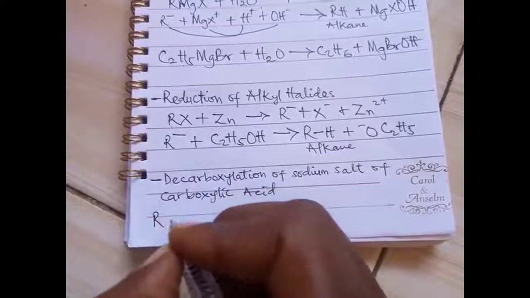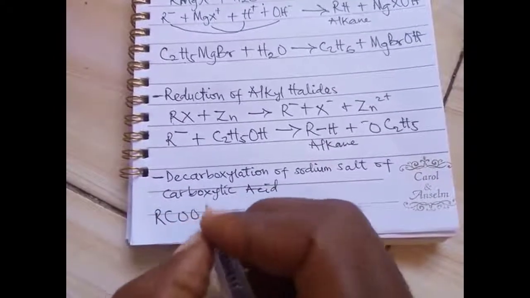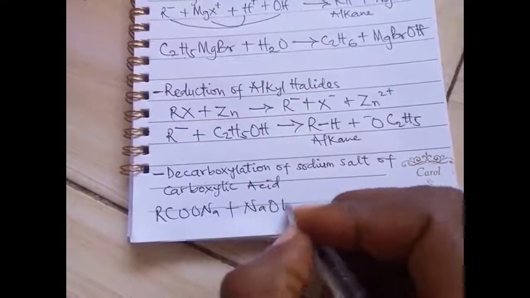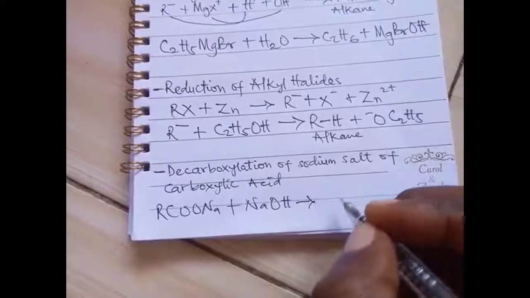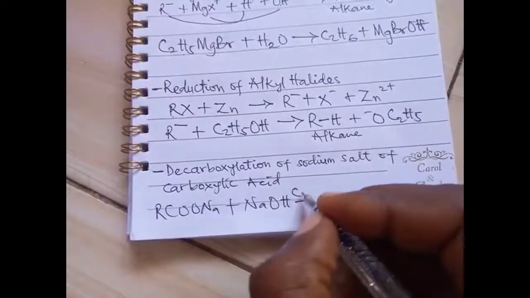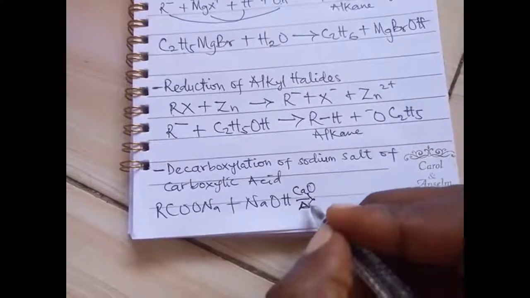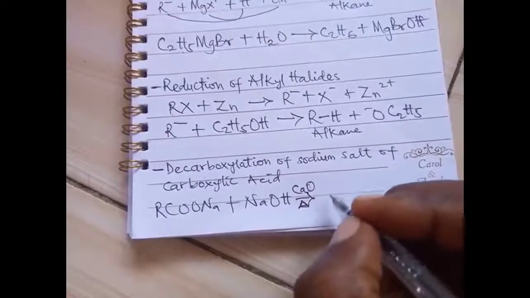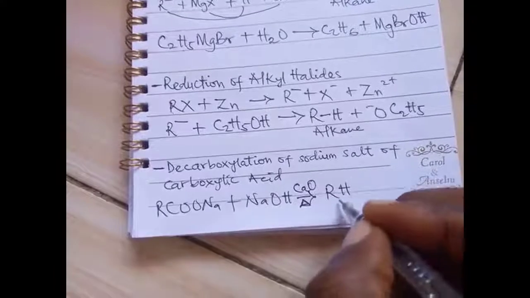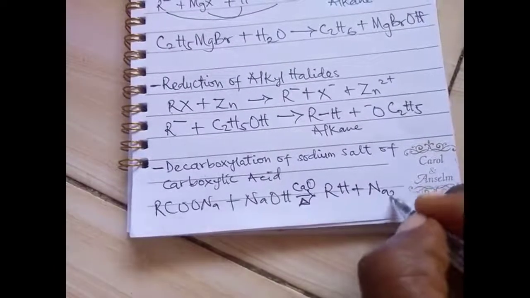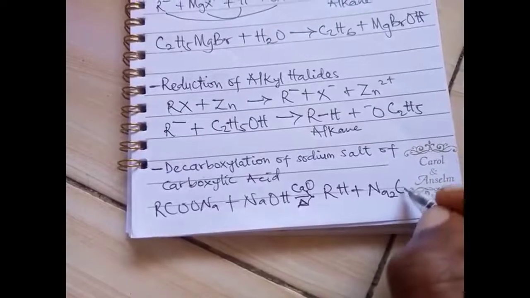What we mean by that is, if we have COONa plus sodium hydroxide and we heat it in the presence of calcium oxide, we're going to get an alkane, and then we'll get sodium carbonate.